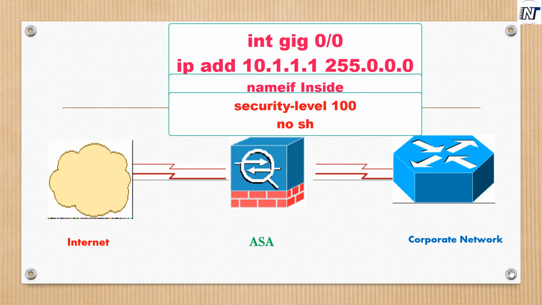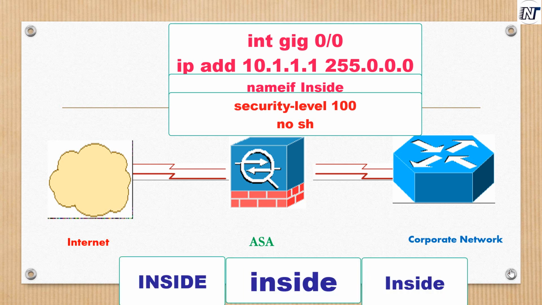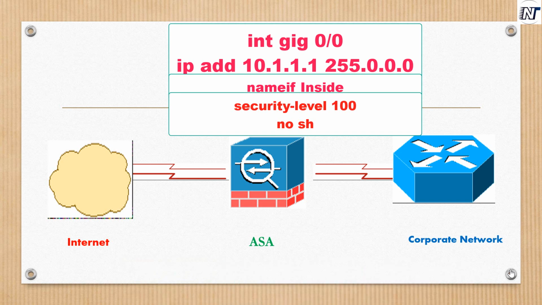If you use the word inside, it will set the security level to 100. Any other name, it will set to 0 by default. And it is not case sensitive for the most part. Whether you type inside in uppercase, lowercase, or mixed case, it doesn't matter. If you use the word inside, it will set the security level to 100 by default.